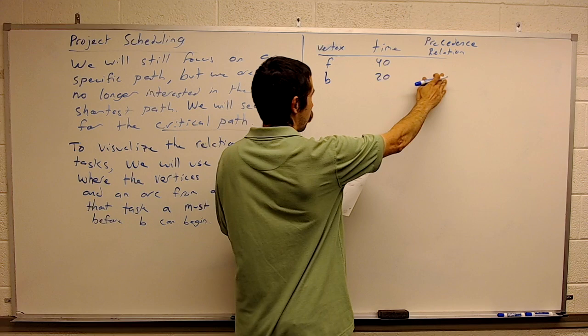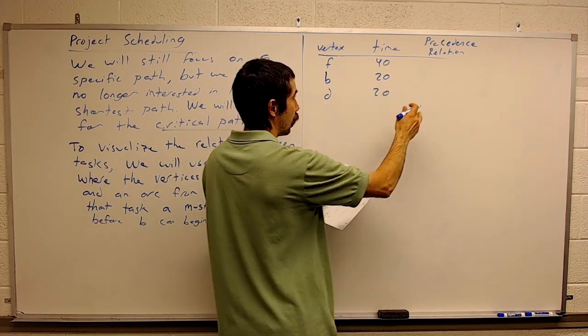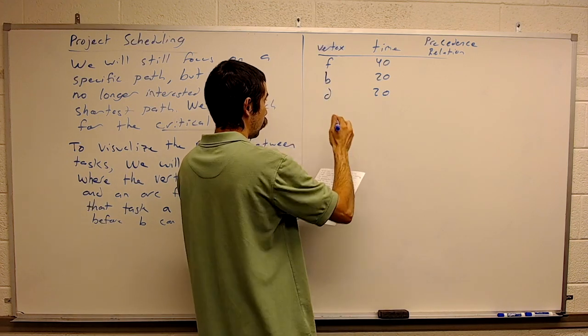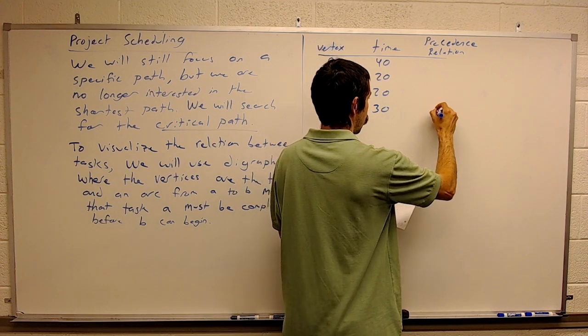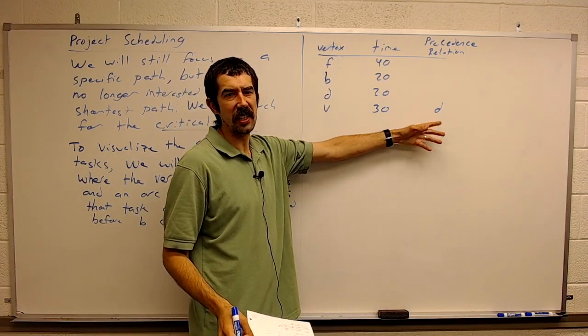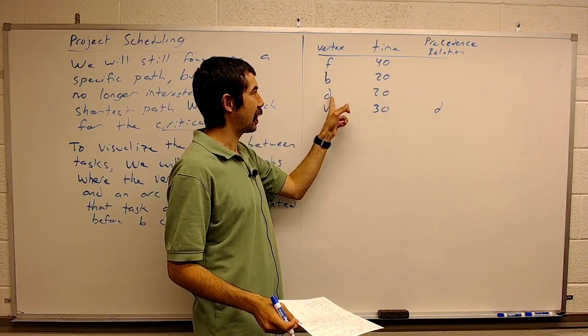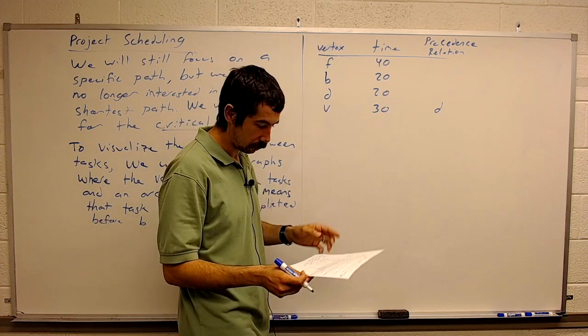B 20, again with nothing. D 20, again with nothing. V 30, and we'll have a precedence relation of D. That means task D needs to be completed before task V can start.